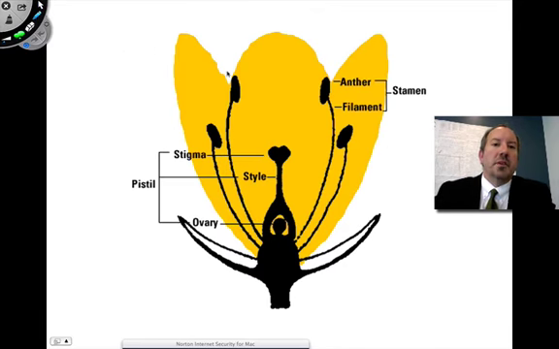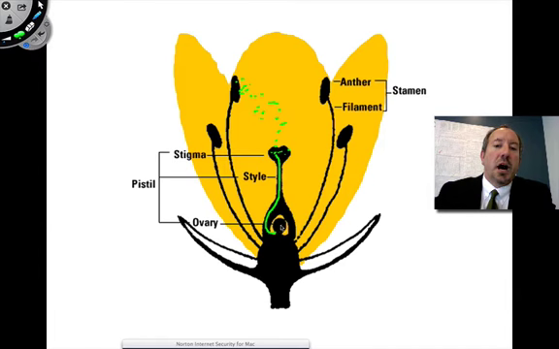Why does it have to be sticky? Because the pollen that's produced, there's a lot of it, and if it can stick to the stigma, it has a better chance. And what happens is the pollen, sort of like an ant, bores a tunnel down the style around the ovary, and it goes into this little hole called the micropyle, and it enters into a structure called the ovule.